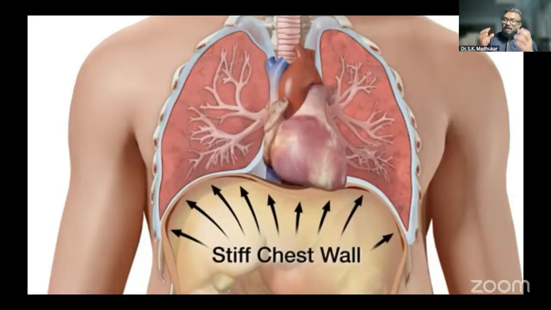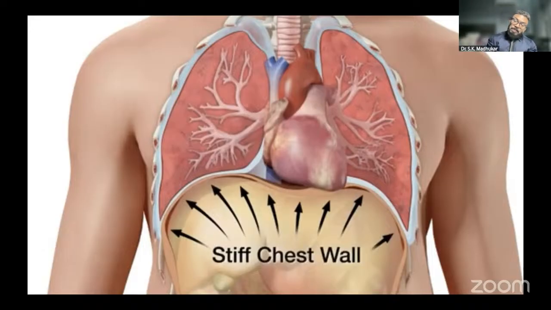When the chest wall compliance is low, the plateau pressure will be falsely elevated. So there are situations where plateau pressure can be falsely elevated, and you cannot use plateau pressure as a guide for the lung protection strategy. You cannot always use the plateau pressure. So there are pitfalls with the plateau pressure too.